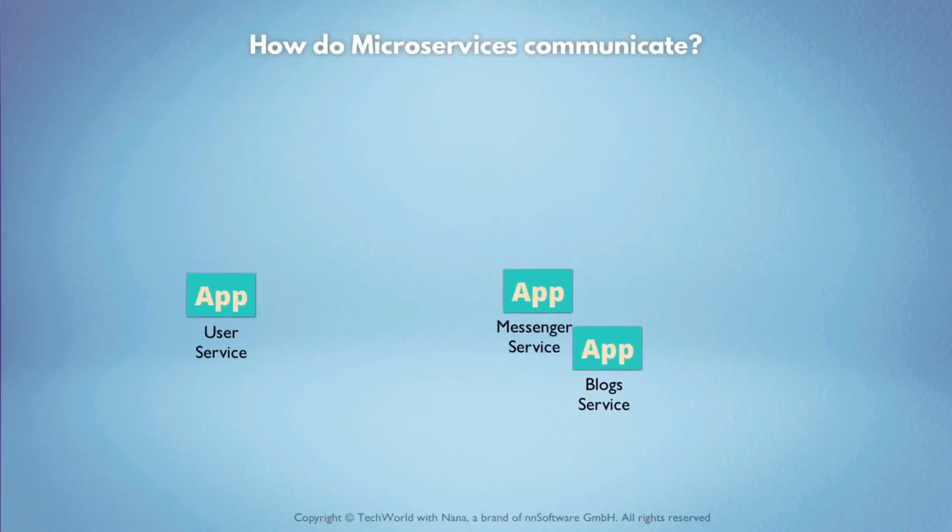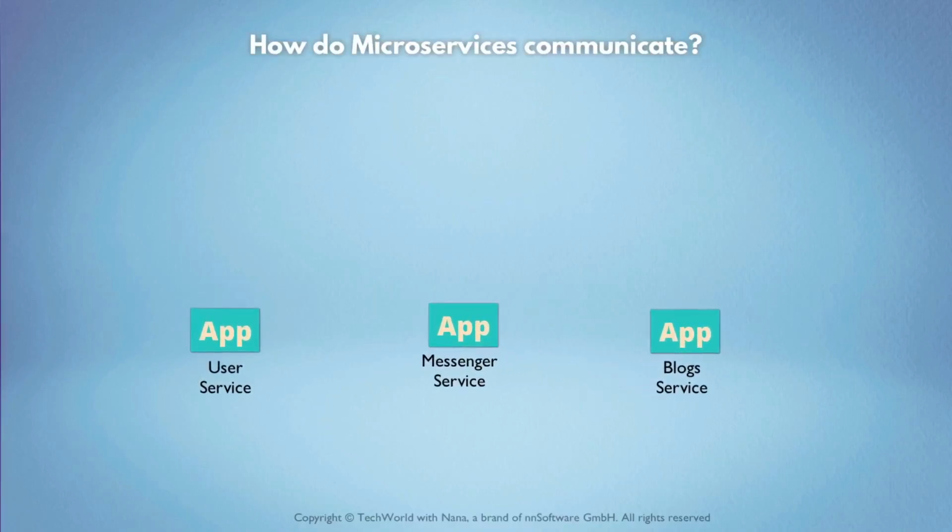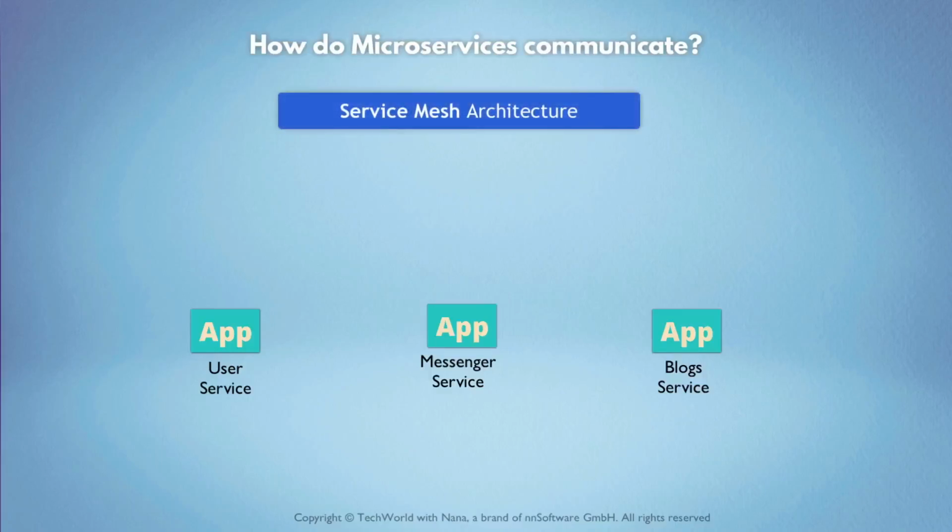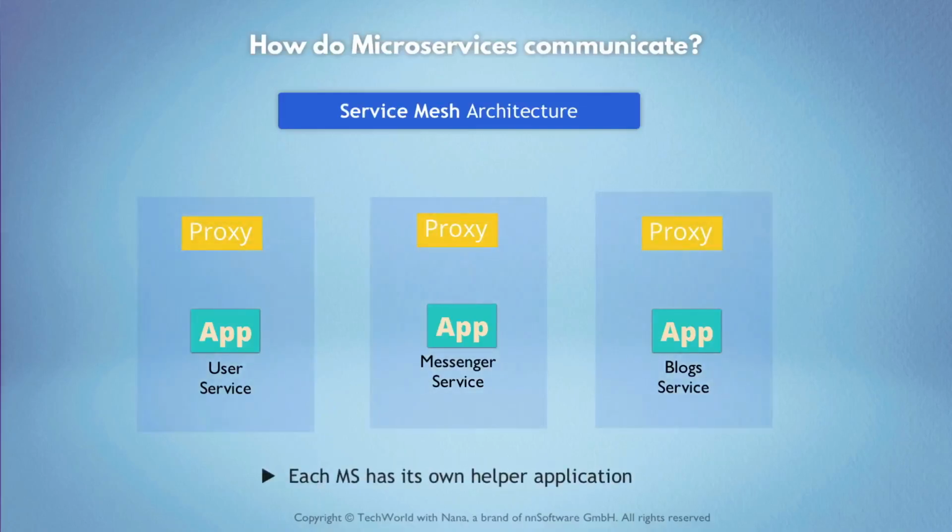Another architecture that is also becoming more and more popular in the Kubernetes world is a service mesh, where instead of one central big message broker that handles all the communication, each microservice has its own helper program that handles the communication for that specific microservice.